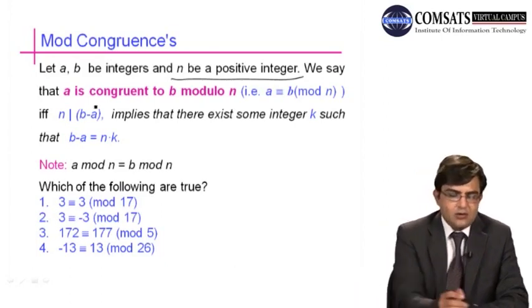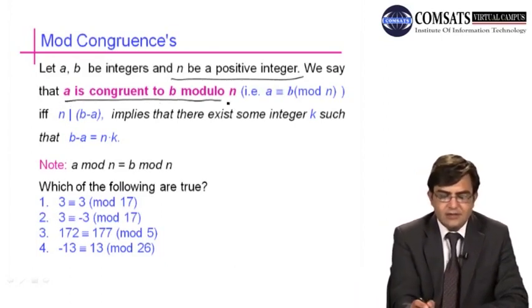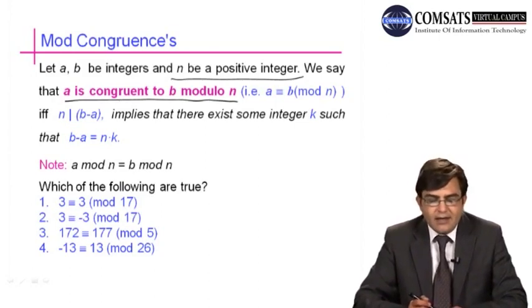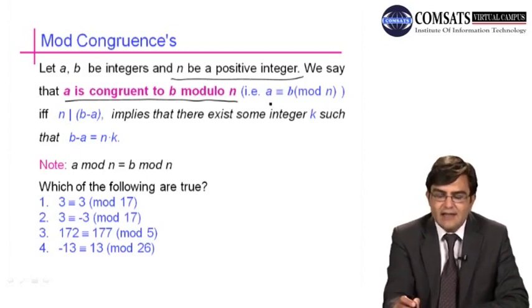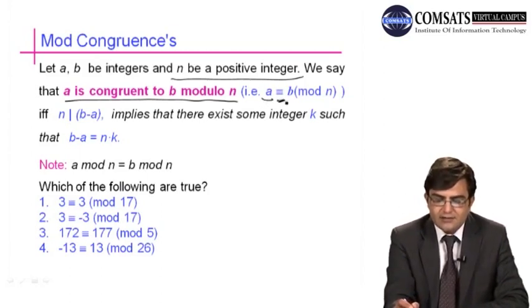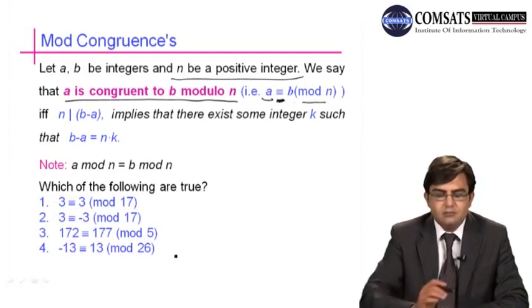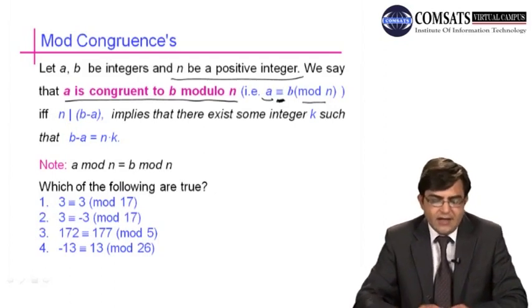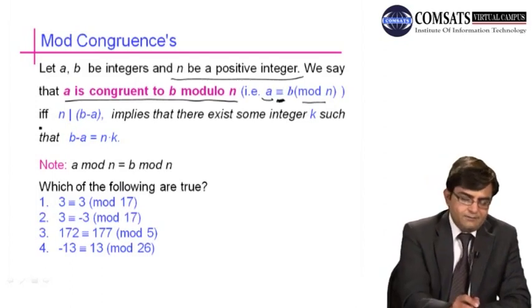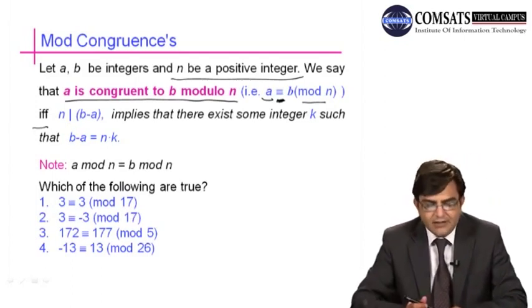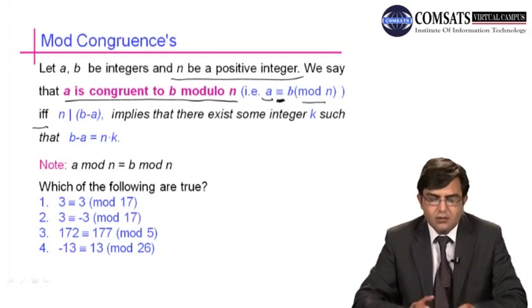We say that a is congruent to b modulo n. This is read as a is congruent to b modulo n, and the symbol of congruence is used, a congruent to b mod n, if and only if n divides the difference of a and b, or n divides completely b minus a.